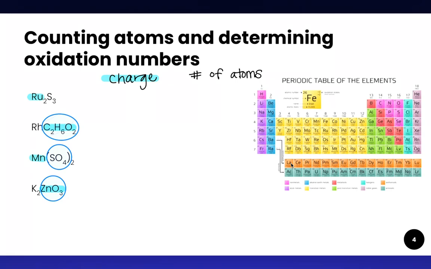The first example, we have ruthenium and sulfur. Okay, sulfur is a known element, and it's a group 6 element, so the charge on it is -2.